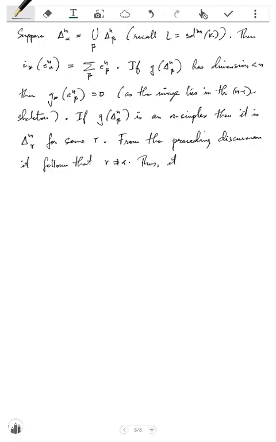Thus, it follows that g lower star of I lower star of En alpha is a sum of En gammas, and En alpha does not appear.